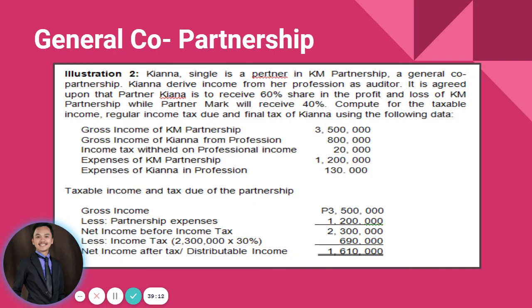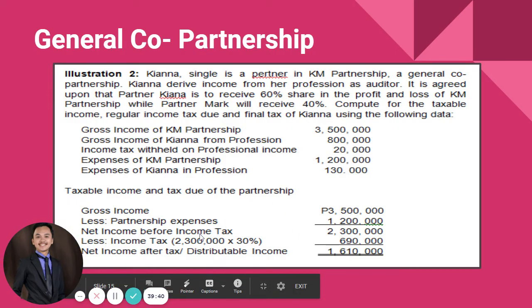So again guys, as we all know, the partnership is subject to 30%. So that means in computing for the distributable net income, we need to deduct first the income tax of the partnership before we could compute for the distributable income or the net income after tax. So we have here the gross income of 3.5 million, less partnership expenses of 1.2.